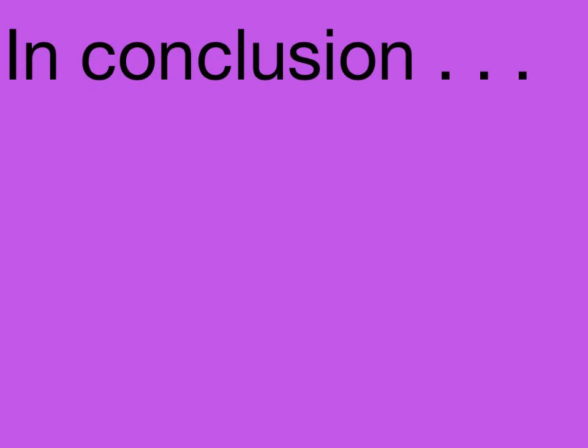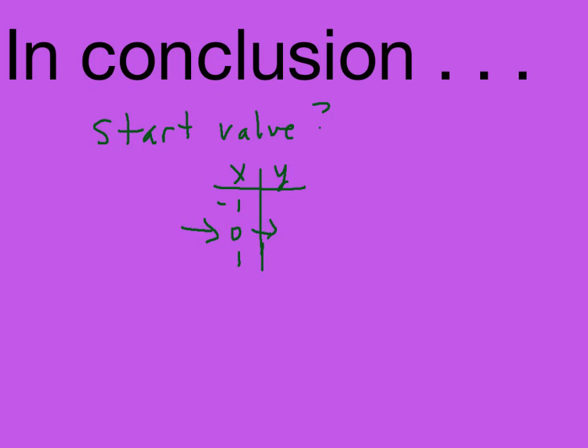In conclusion, as you write your functions, you need to remember to look for what is that start value. In a table, remember you're looking for when does x equal 0, and then what happens with that y value.